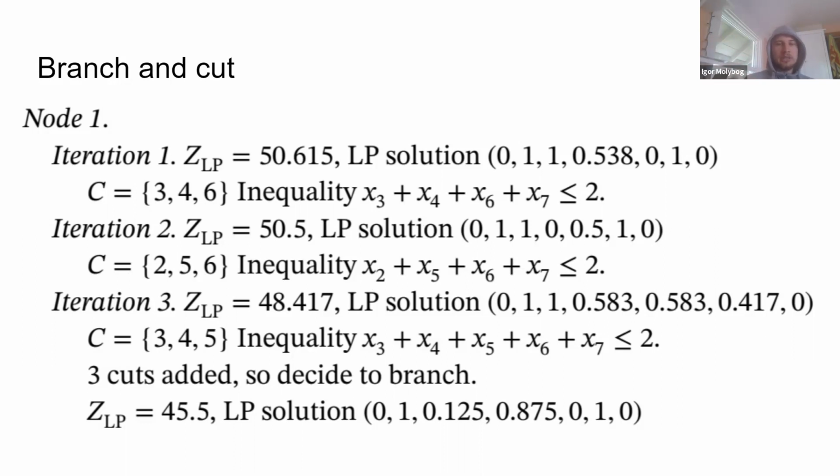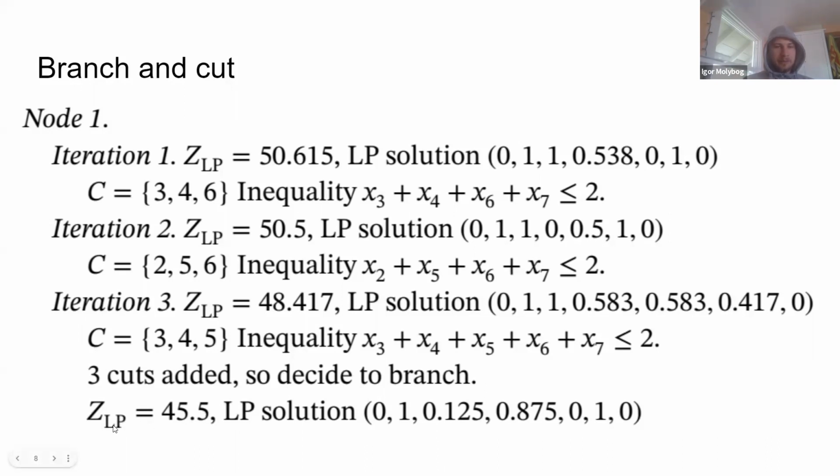We just add additional inequalities. And on iteration 3, we repeat this again. We again get a solution that is not feasible for the original problem, and we add another extended cover inequality. And now we conclude that we have added 3 cuts. So we really should stop adding more cuts and try to branch instead.